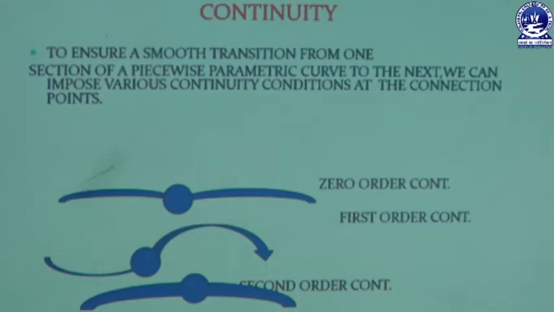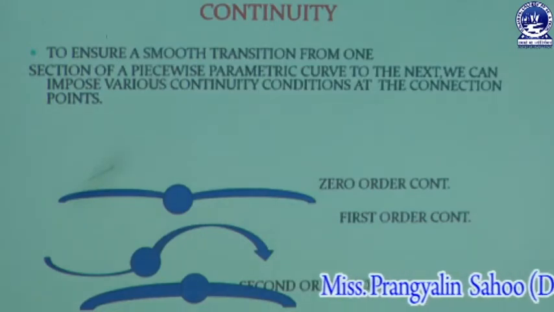In first order parametric continuity, called C1, the first parametric derivatives of the coordinate functions for two successive curve sections are equal at the joining point, and geometric first order continuity means the parametric first derivatives are proportional at the intersection of two successive sections.